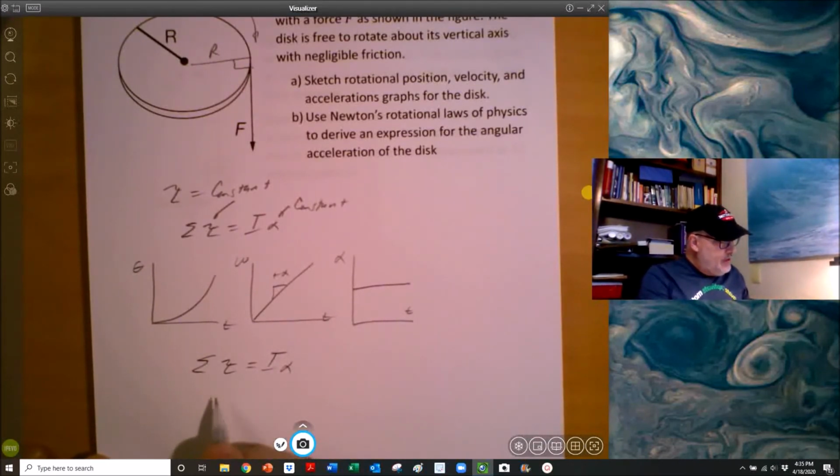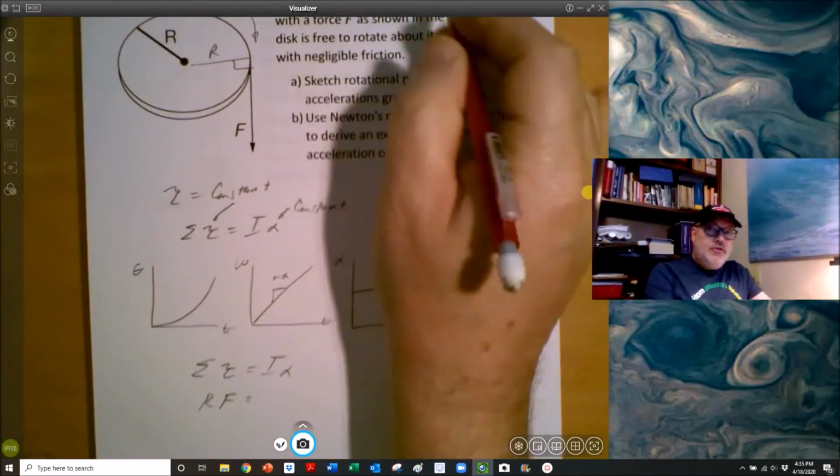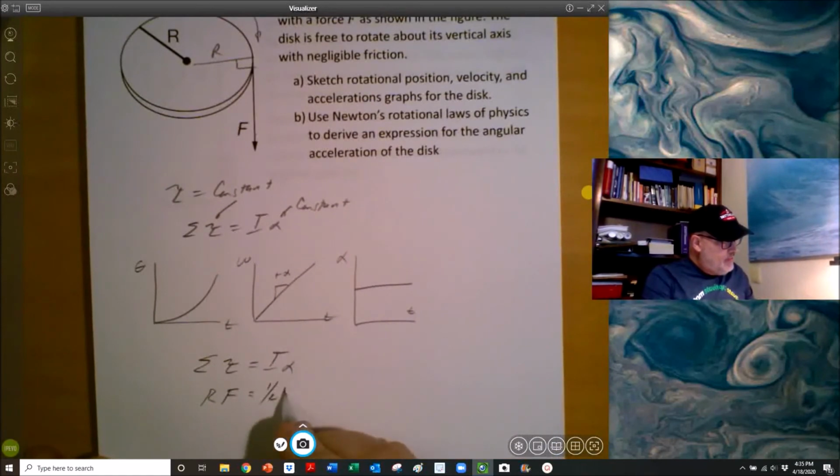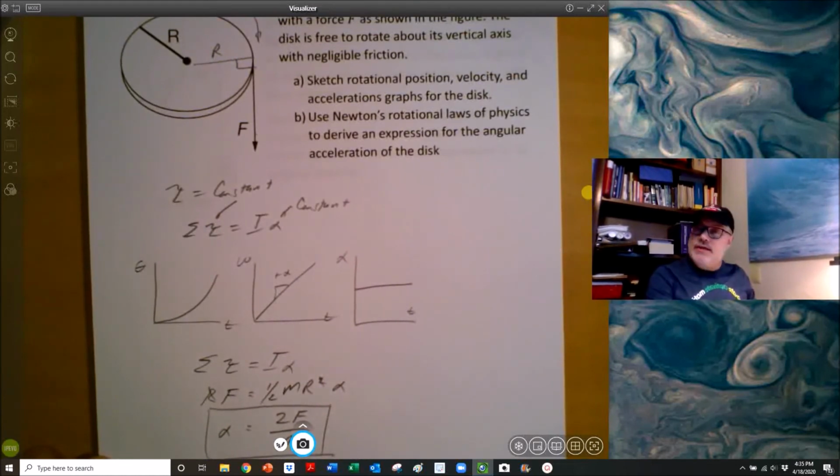So our torque is going to be the radius times the force, and it's perpendicular, so we don't have to worry about the angle. We know our rotational inertia from up here is 1/2 mr squared. So it's 1/2 mr squared times alpha, one of these r's cancels, and we're left with alpha equals 2F over mr. And that was actually really simple.